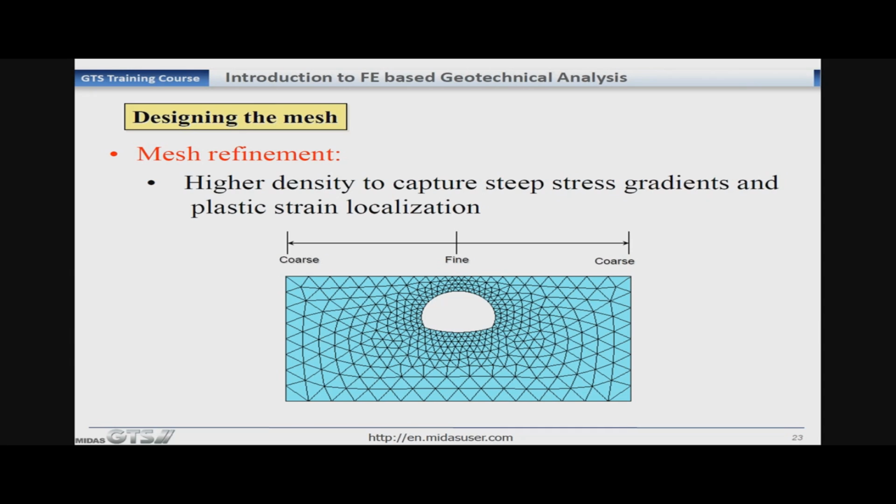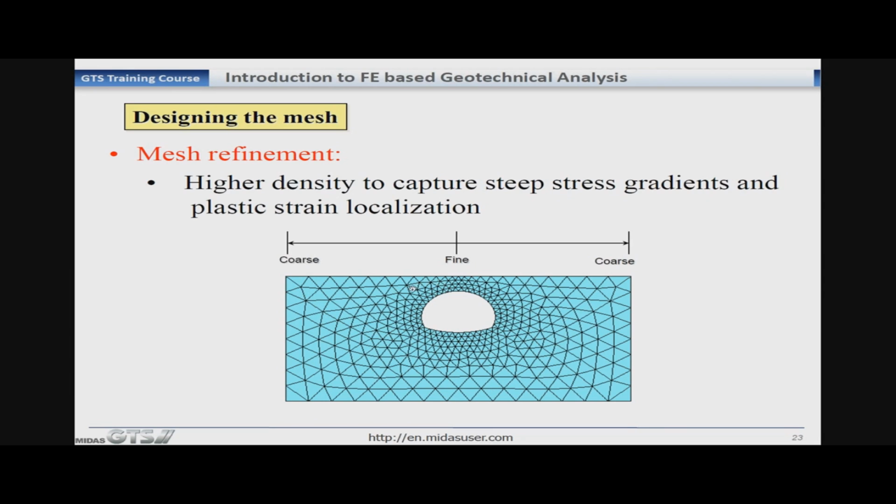As we know, the crux of finite element analysis is how the meshing has been done. Higher density to capture steep stress gradients and plastic strain localization must be done. As you can see here, this is a tunnel opening and I want to perform the finite element analysis on this type of tunnel opening.